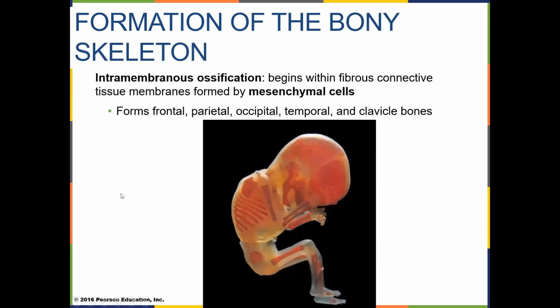So intramembranous ossification works a little bit differently. In here, we're going to see more diploid type bones created than compact bone, but we're going to have these membranes that have formed over the brain.